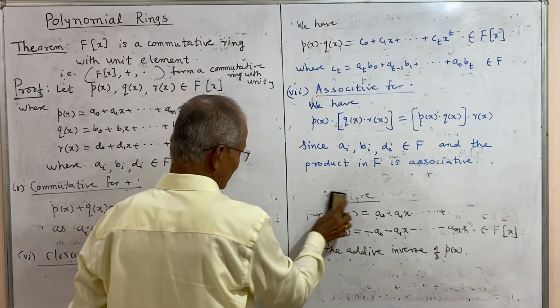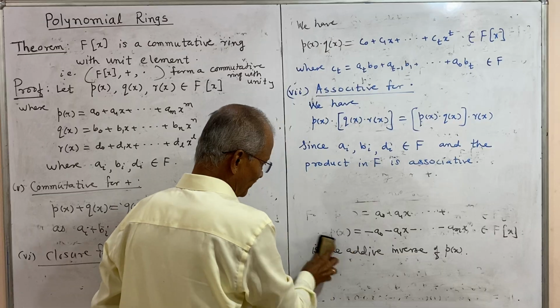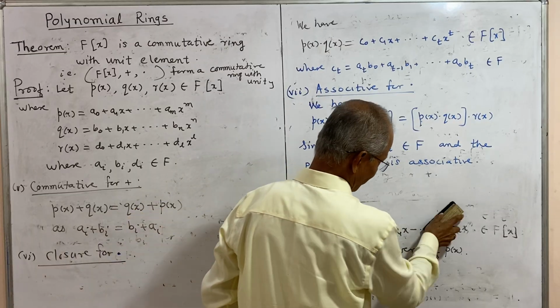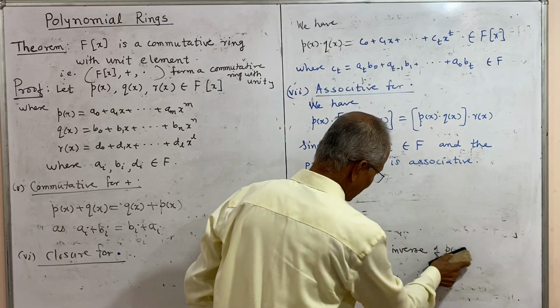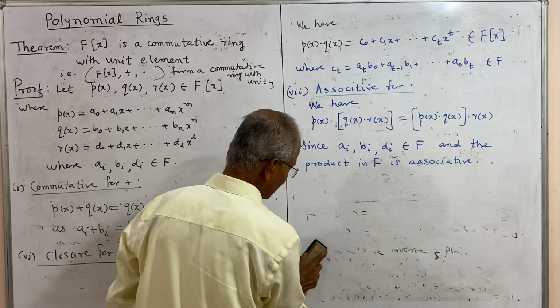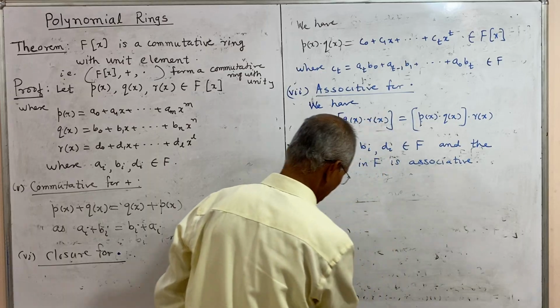Now the further compulsory property for a ring remaining is the distributive law, that is multiplication is distributive over addition, and there are two laws, right and left.